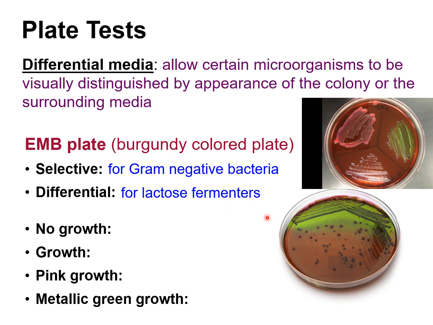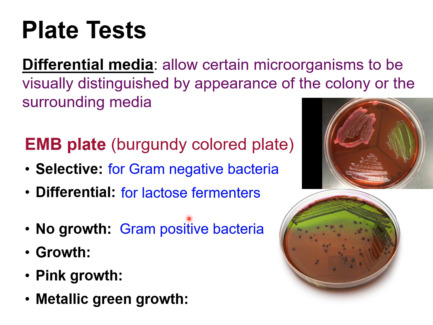So let's interpret the results. Now, if you get no growth on that burgundy plate after you've incubated it for 48 hours, and you see absolutely no growth, no lawn of bacteria, no colonies, just nothing, what does that mean?